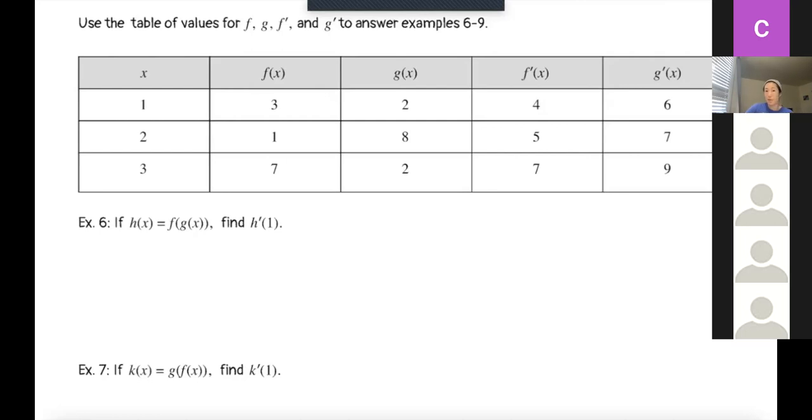Let me just show us how to read the table real quick, and then we'll take a look at the examples. Tables like this can be really overwhelming sometimes because there's so many different columns, but if I asked you to find f of 2, can someone annotate on the screen which box shows me f of 2?